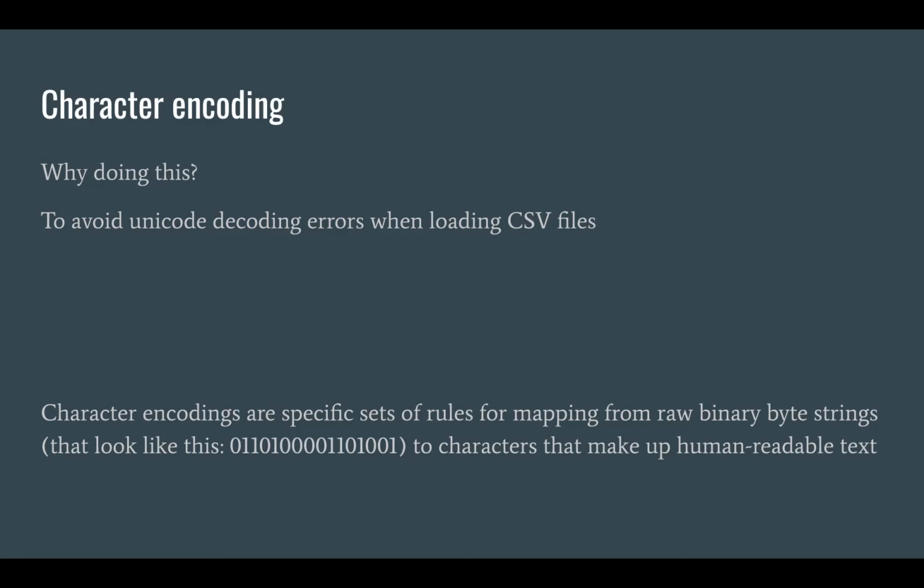Because there are a lot of languages in this world, there are different types of character encoding, and it is important to have a good understanding of how character encoding works.